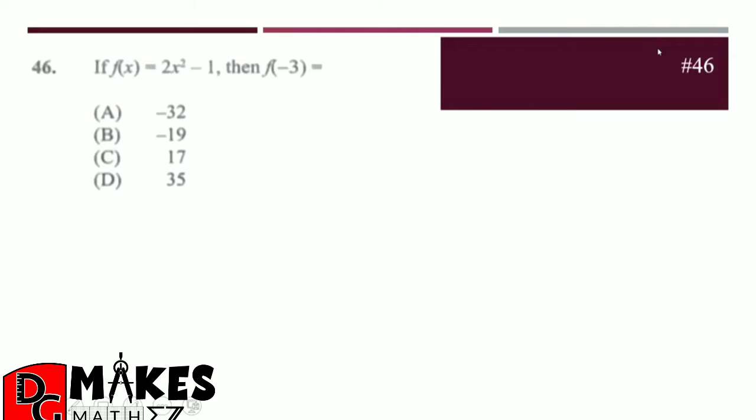46 is basic substitution. It's a question in which we're given a function. The function is equal to 2x squared minus 1. And by the way, we have done a Saturday night live video, I think it was the third one, strictly on functions.